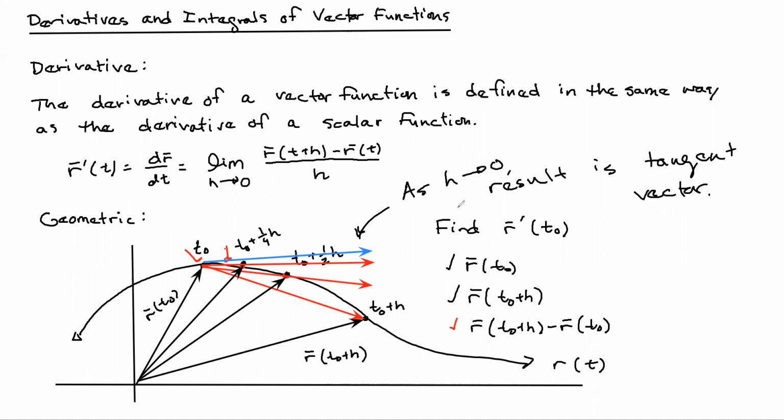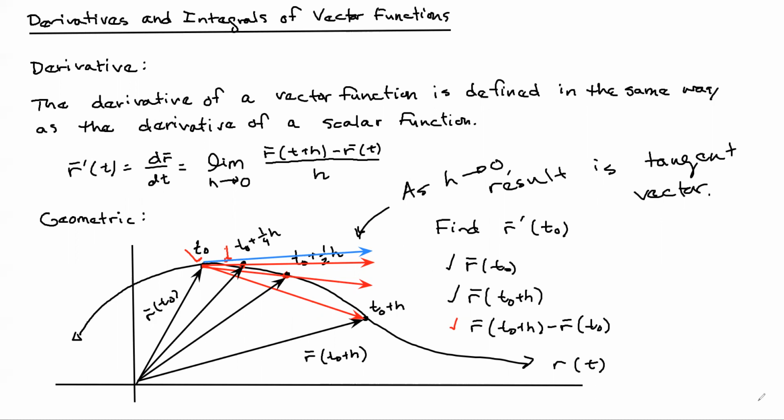So that's great, right? Because if you think about our result from Calc 1, it produces the slope of the tangent line. Vectors act kind of like slopes, and so finding the tangent vector is kind of like finding the slope of a vector function. Okay.